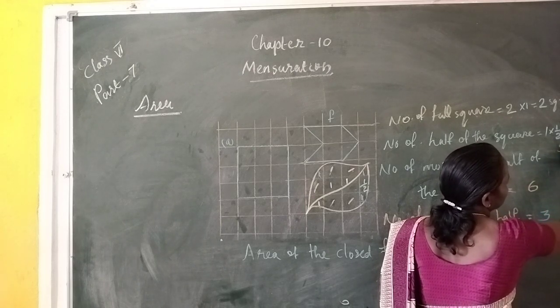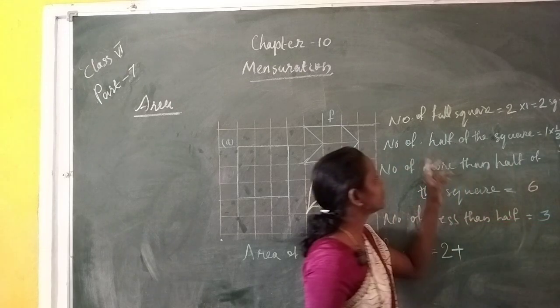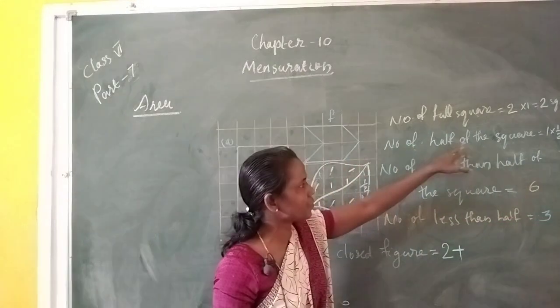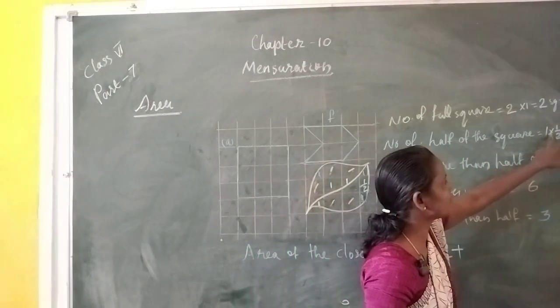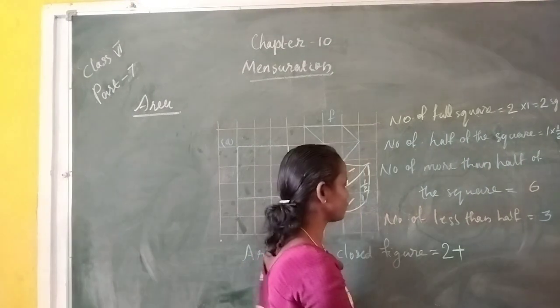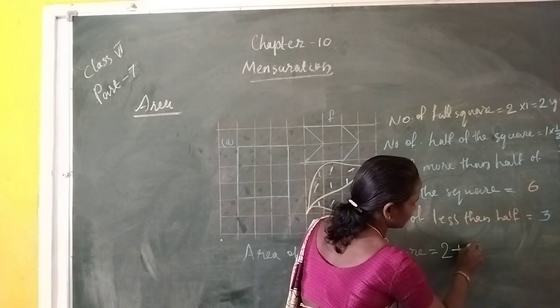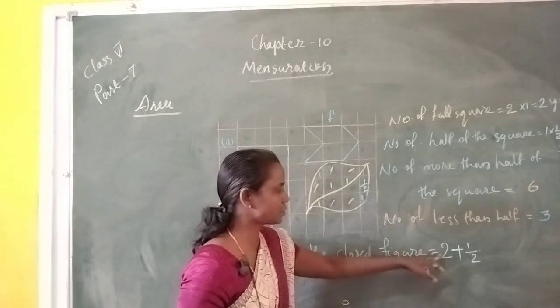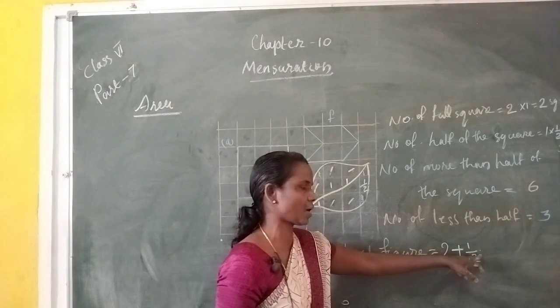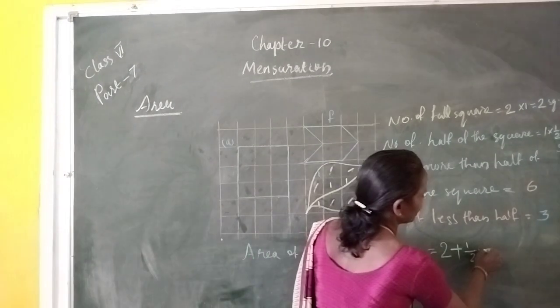The number of half squares here is 1, so it's 1 into half square unit. So we can write half square unit. This is 2 square units, this is half a square unit, plus.